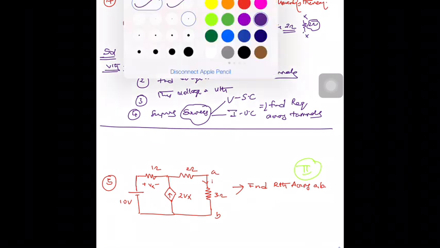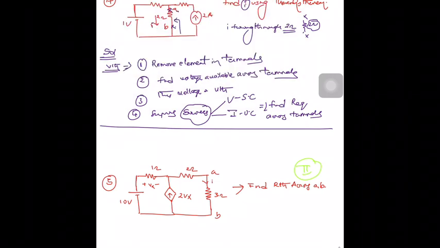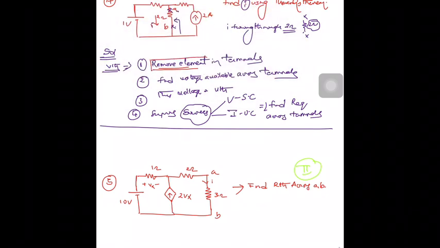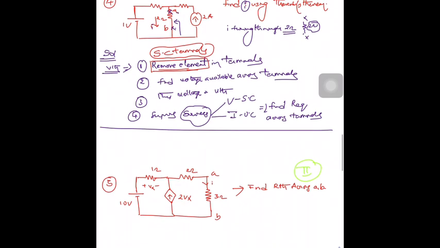Let me explain the steps of Norton's theorem here itself. Here, remove the element. In Norton's theorem, in place of removing, the terminals should be short circuited. Write down these steps and see how I am following the same procedure. Find the current flowing in the terminals.